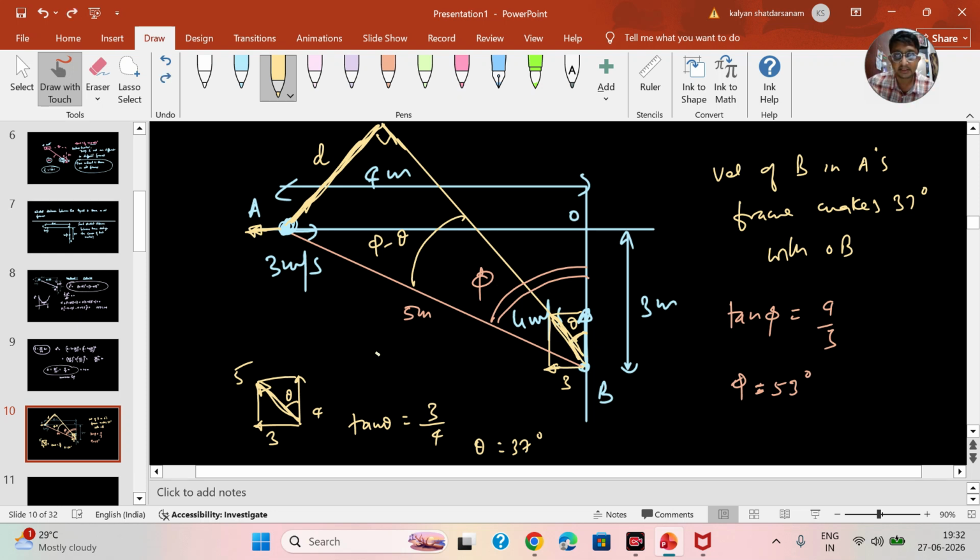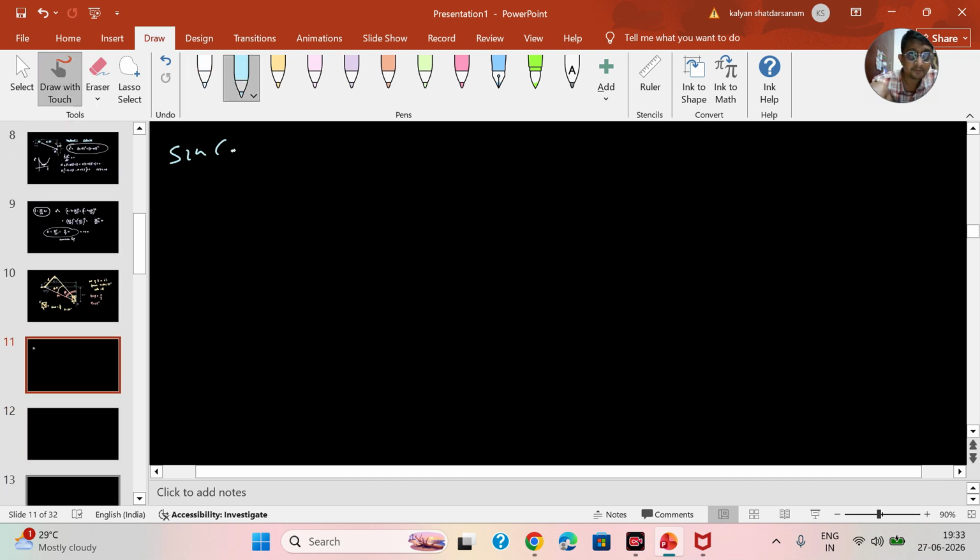So this is phi minus theta. This is a 90 degree. I want the opposite side, so I am using sine of phi minus theta is d by 5. You look at this, sine of this angle, this is a right triangle, sine of this angle is d by 5. I can get d from there. I'll write it on the next page. Sine of phi minus theta is d by 5.